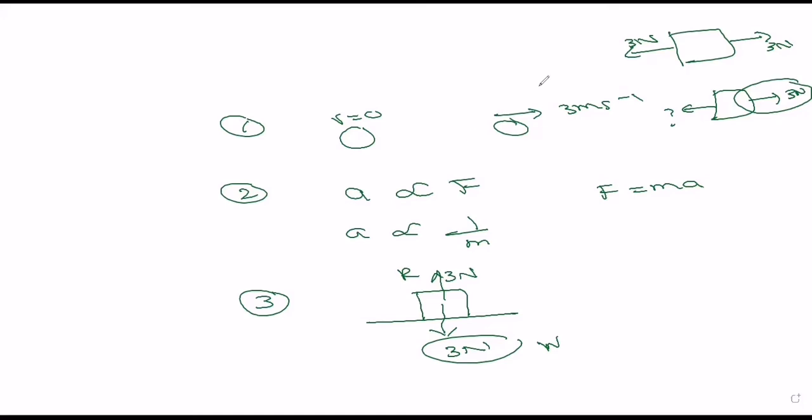Momentum is going to describe how difficult it is to stop an object in motion. Think this object is moving. Momentum tells us how difficult it is to stop the motion of the object when it's moving.